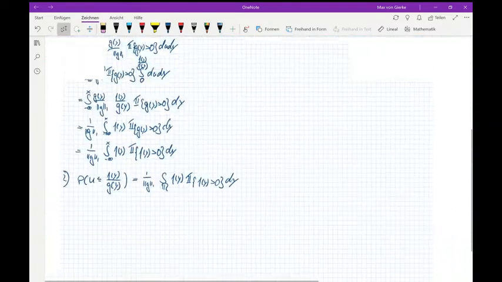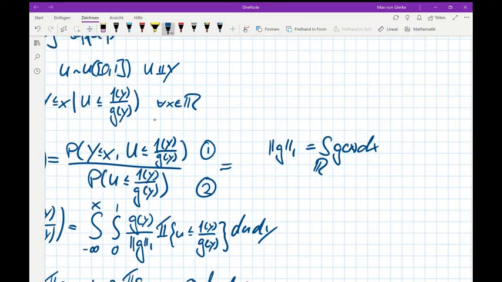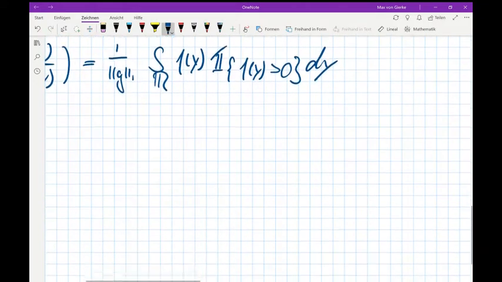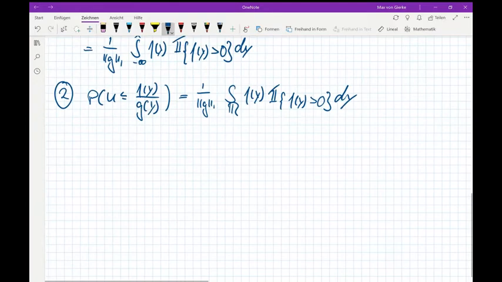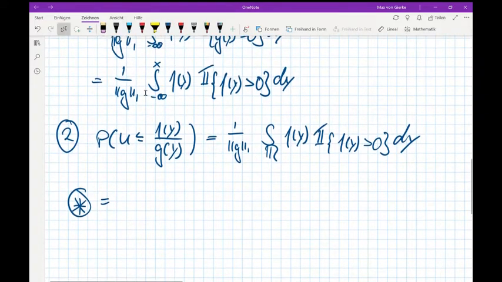So let's look at our big fraction here. What is this now? By our computations above, the norms here cancel each other out because we divide.